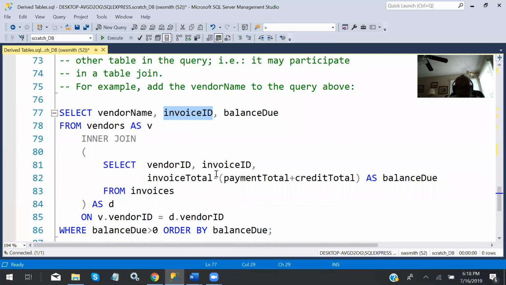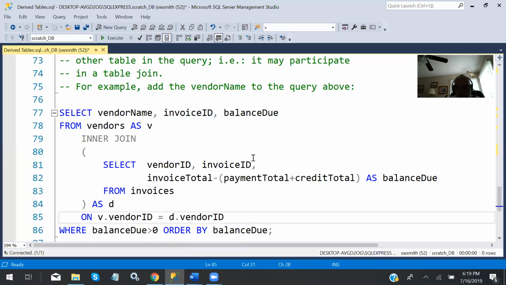So we have to hide it. I can hide it if I don't select it here. It is not available in the query anyplace if it's not selected, but I would have to select the invoice ID if I were going to do the table join on the vendor ID. So it's handy for hiding stuff.